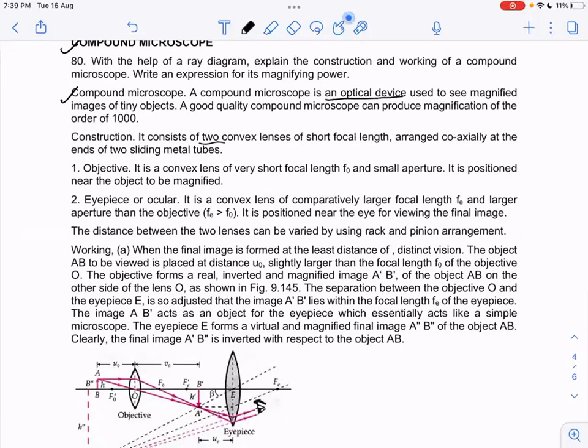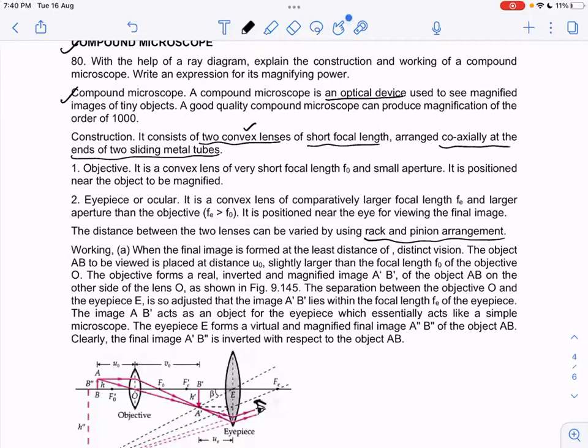It consists of two convex lenses of short focal length arranged coaxially at the ends of two sliding metal tubes. They have a rack and pinion arrangement so that they are able to get adjusted among themselves.